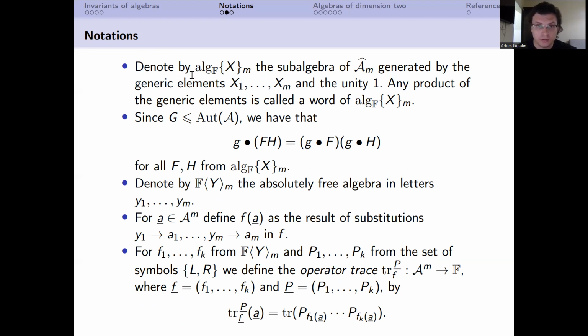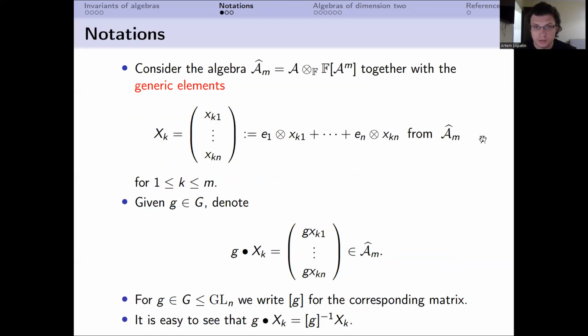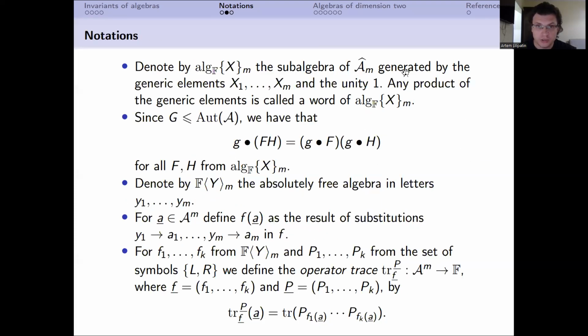So at first, consider this algebra, denoted this way. It's a subalgebra of this algebra generated by generic elements. So what do I mean by generated by generic elements?